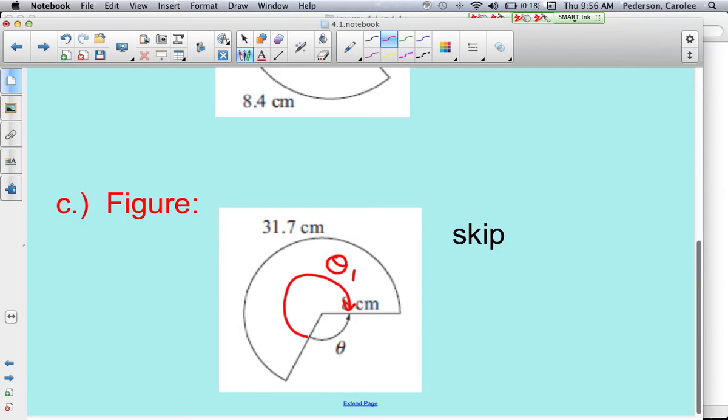Find theta 1 using the formula, and then subtract out from 2 pi to get theta 2. Understand that? You'd have to first use the formula to find this central angle, and then the leftover piece you subtract from 2 pi, because that's the entire revolution. And this is what you'll be left with, is this angle measure.